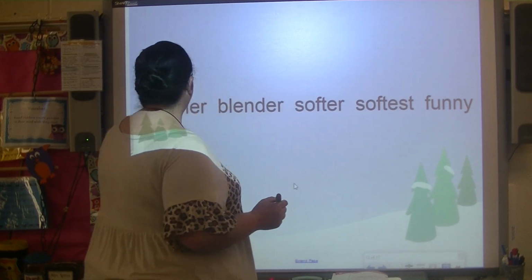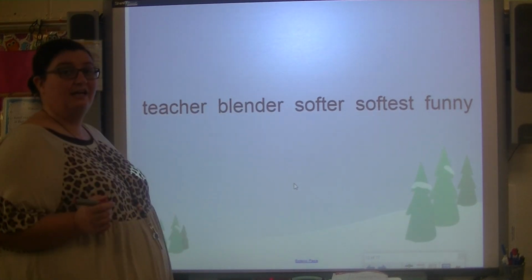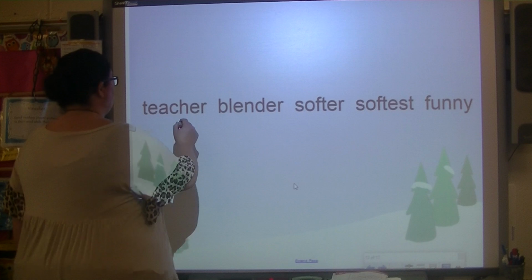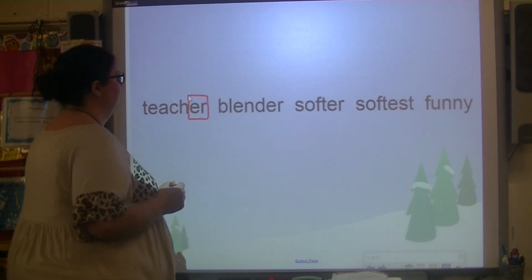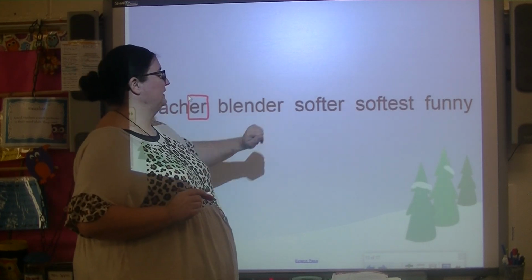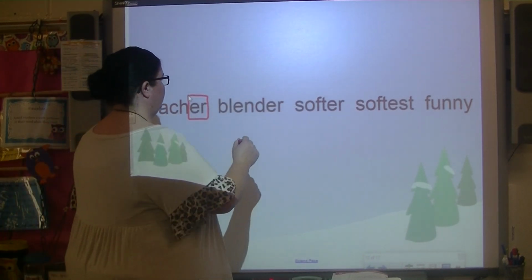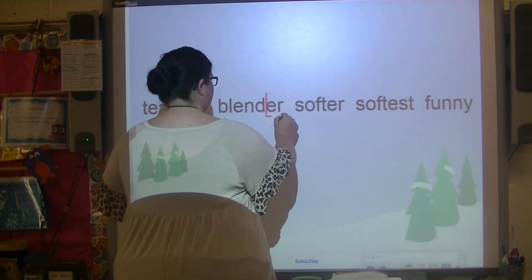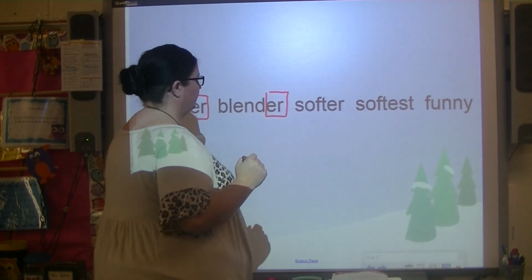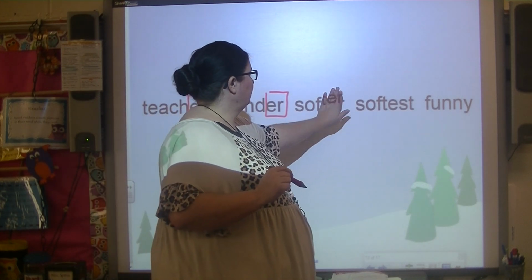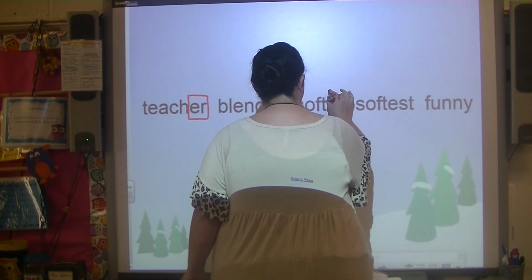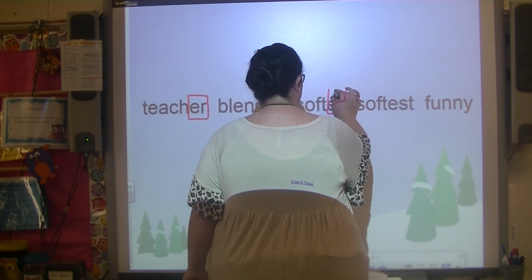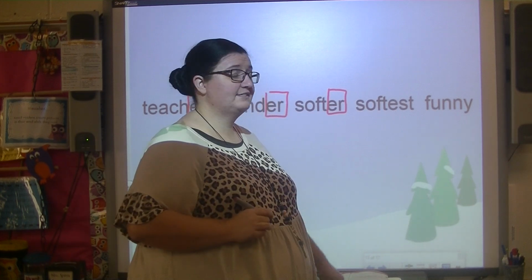All right, so we know teach is the root word, so we can box ER as the suffix. Blender, we said blend. What's the root word? ER is the suffix. All right, softer, soft is the root word. ER is the suffix.